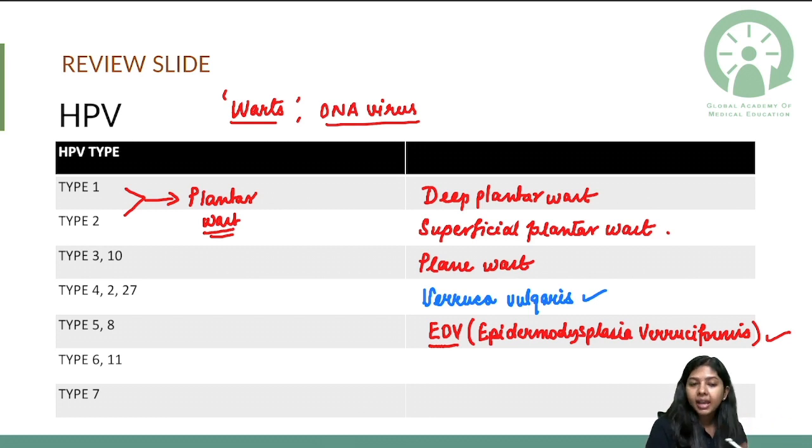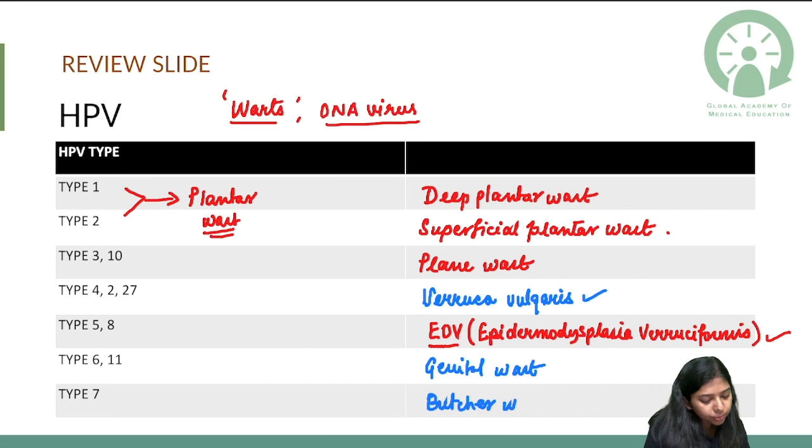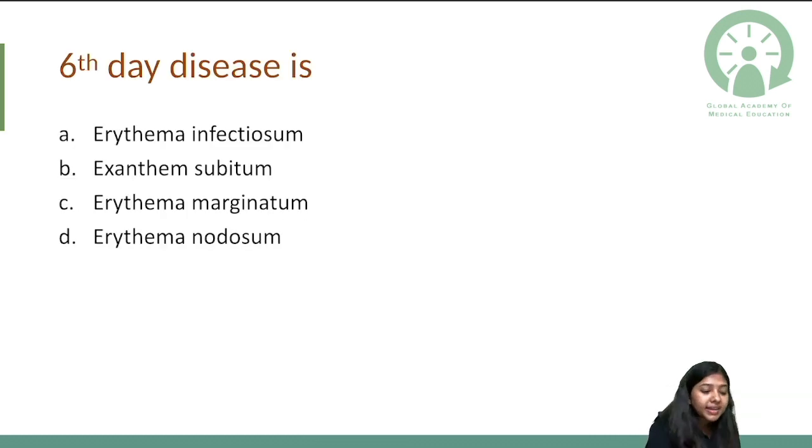Nevertheless, remember what are the types that are associated? Type 5 and 8. Now type 6 and 11 we have looked at, causes genital wart, right? And type 7 causes butcher's wart, okay? So this is again very important, HPV types that cause certain warts. Remember this.